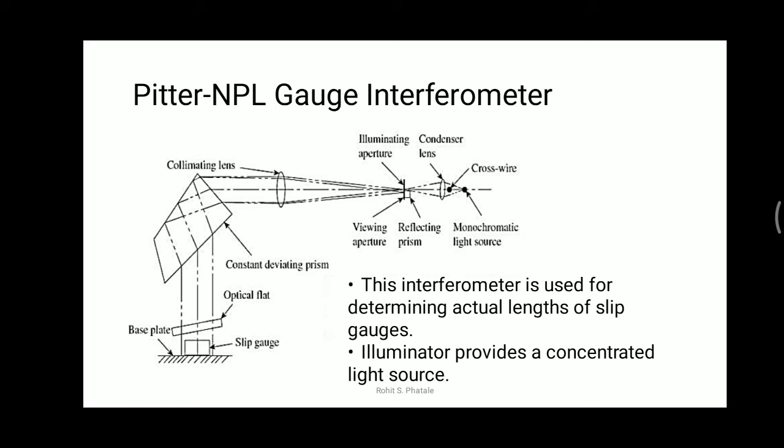Okay, again this light coming from this prism will fall on, or be collected by, this reflecting prism. And that will be recorded by the user. Okay, so this is how the Peter NPL interferometer works.